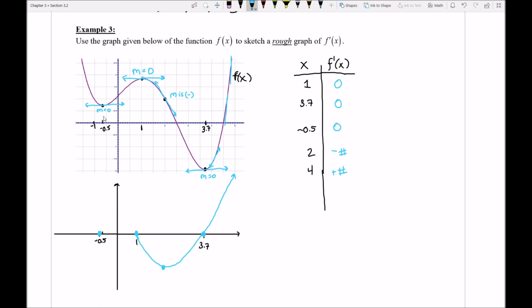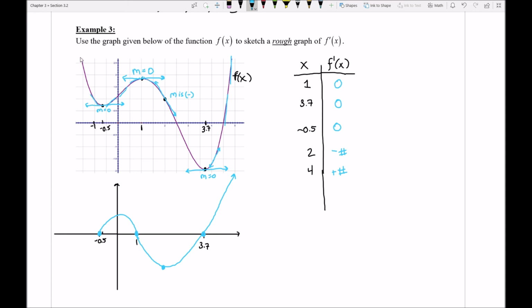Over here, between -0.5 and 1, I'm going to have slopes that are positive, more positive, and then slightly less positive. So I'm going to have slopes that are more positive, less positive, less positive, and I'm connecting between these dots. Before -0.5, maybe around -1, I can see that I'm going to have slopes that are negative.